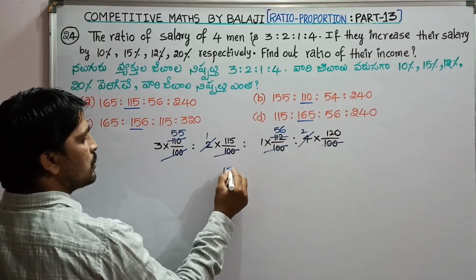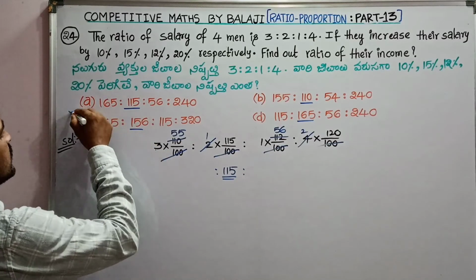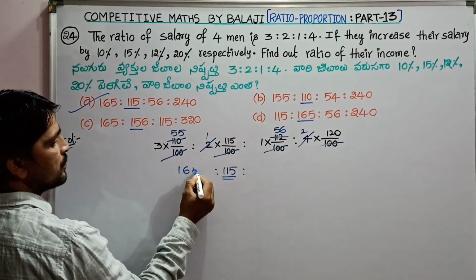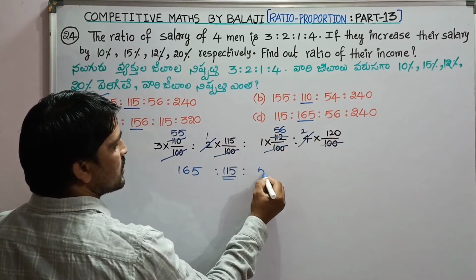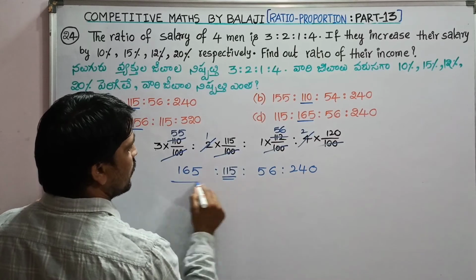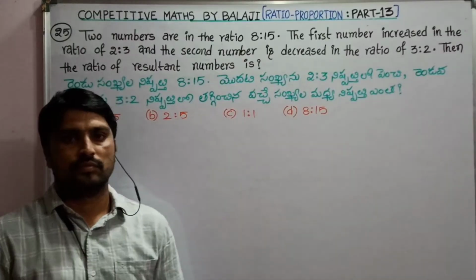So the second ratio is 115. So answer is A. But simplify the remaining terms. 3 times 55, 165 is to 56 is to twice 120 is 240. So the answer is 165 is to 115 is to 56 is to 240.